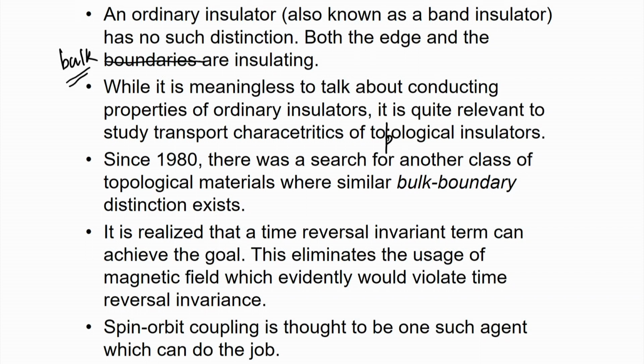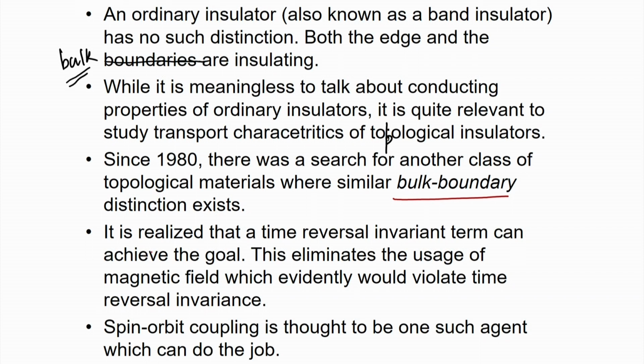So, since 1980, that is the discovery of the quantum Hall state, there has been a search for another class of topological materials where a similar bulk boundary distinction exists. This bulk boundary distinction is an important component of the topological insulator, which has to be present in order to be called a topological insulator.